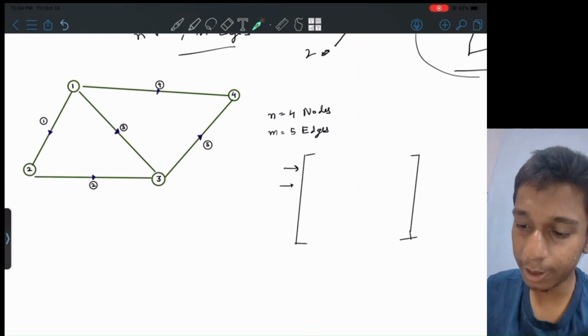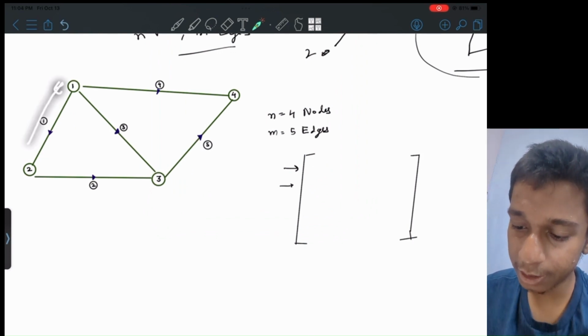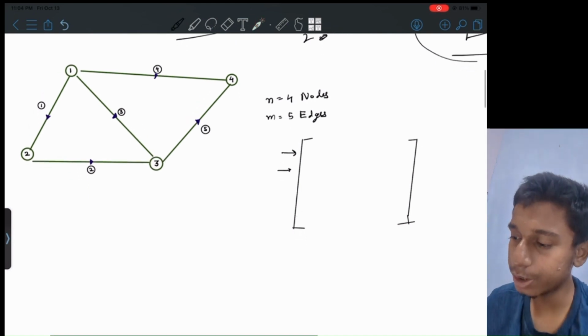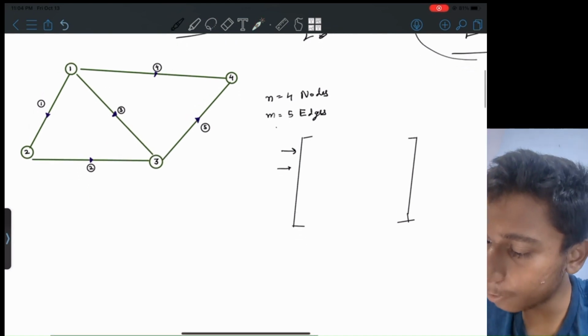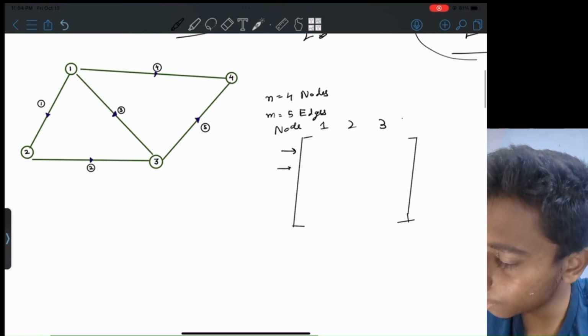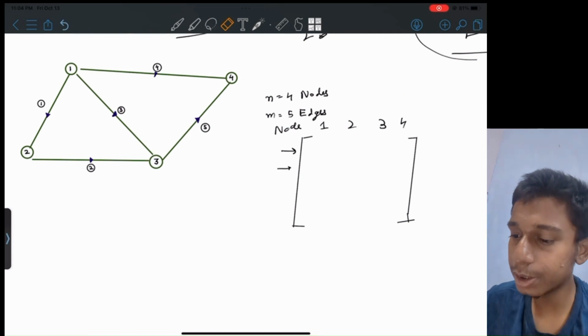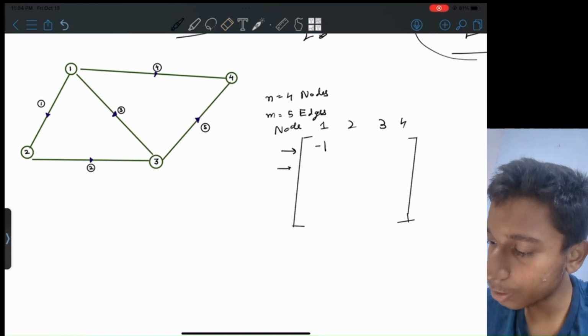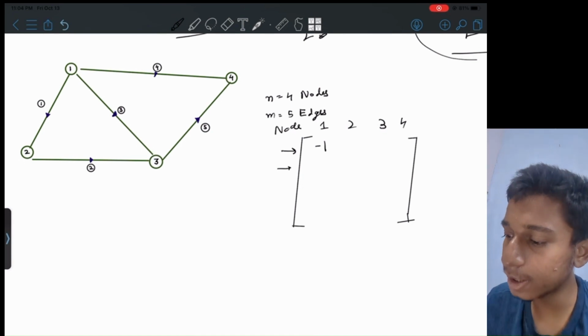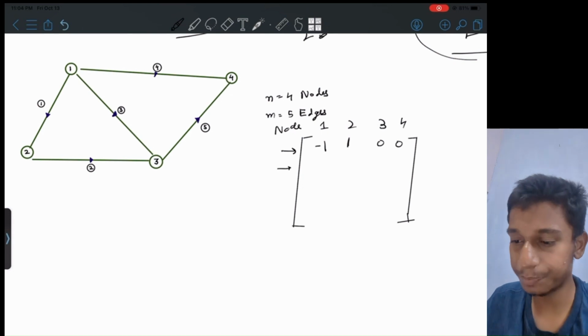Every edge is a mapping between nodes. Suppose the first edge takes the charge from node 1 to node 2. Let me mark the nodes as well: node 1, 2, 3, 4. Since it is taking it from node 1, it gets a minus 1, because it is losing the charge, and a plus 1 to node 2, and 0 and 0 for the others.